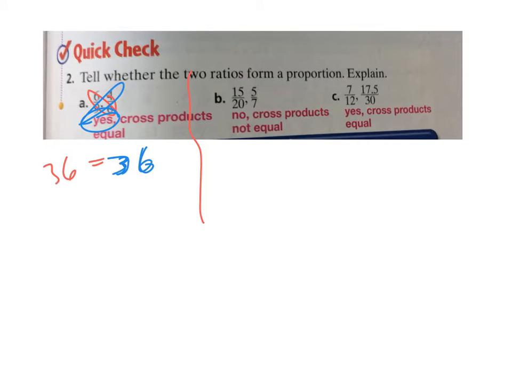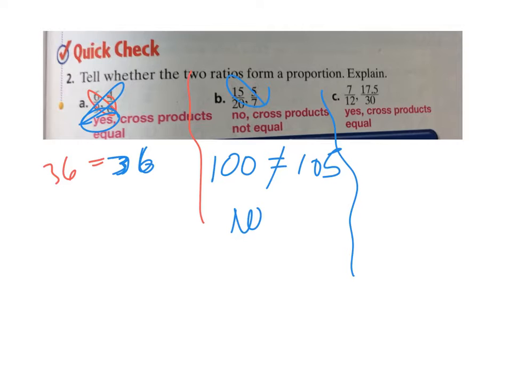On the second one, we're going to say no, because we have 20 times 5, which is 100, and on the other one 15 times 7, and that's 105, and those two numbers are not equal, so no. And then on the last one, we're going to have 7 times 30 this way, so that's 210. And the other way, I'm going to have 12 times 17.5, and that's also 210. So yes.